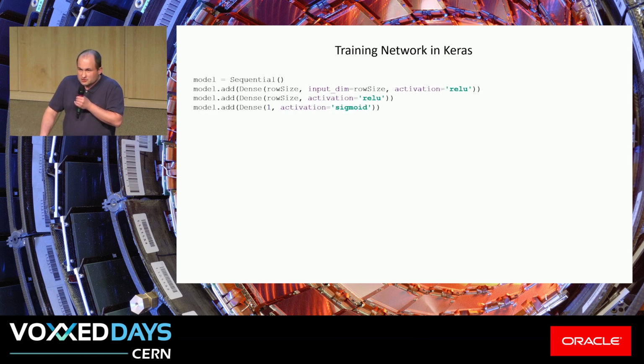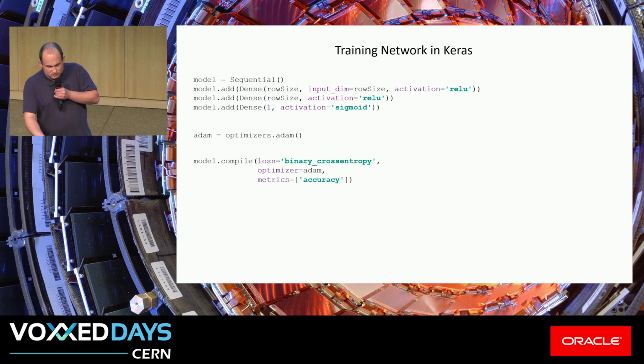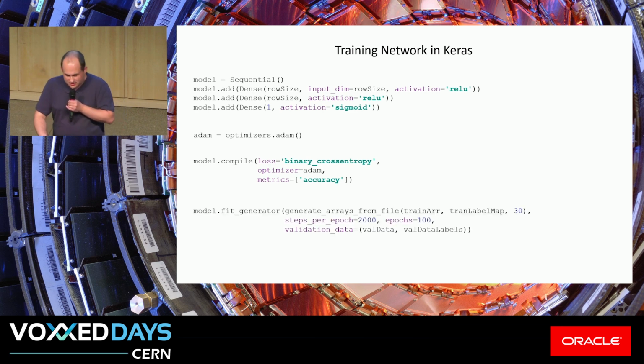To define the network, we just define the 3 layers. We define the optimizer that will be used; Adam is the most used optimizer these days. We compile our model, and we can just run our training.